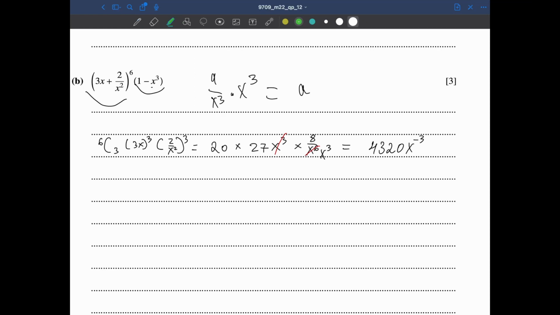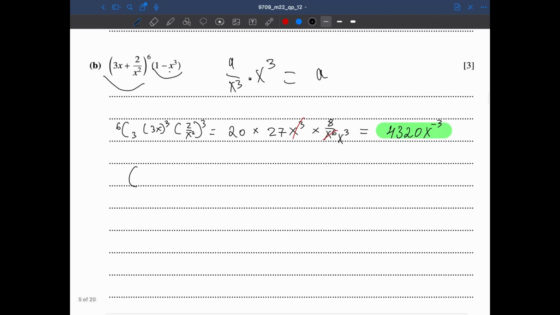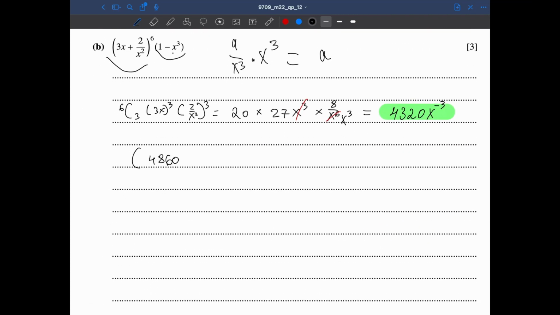All right, now we have our values. So now we have 4860 plus 4320 x to the power minus 3. Then we're multiplying that by 1 minus x to the power 3. All right, so this is just going to be a simple multiplication. So basically, it's like this multiplied by this, and then that, and then this, and then that. But I guess you know that already.